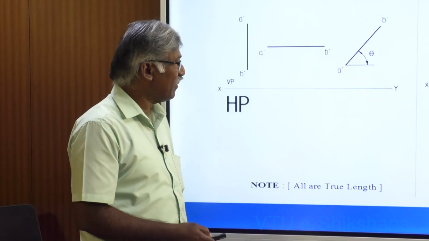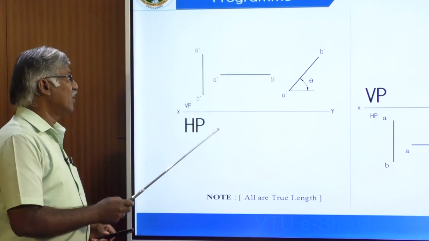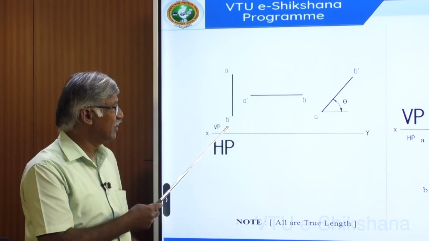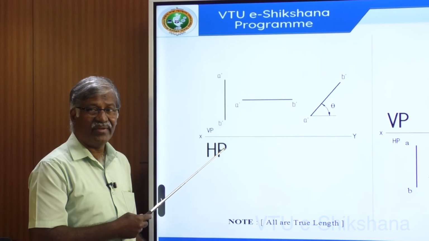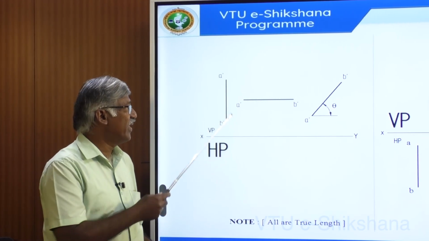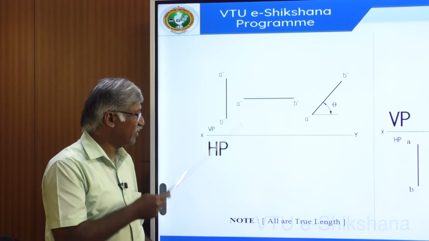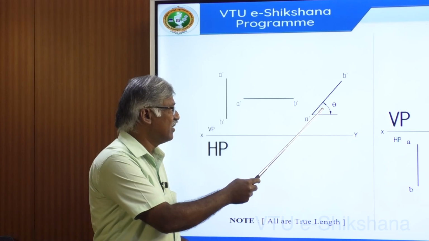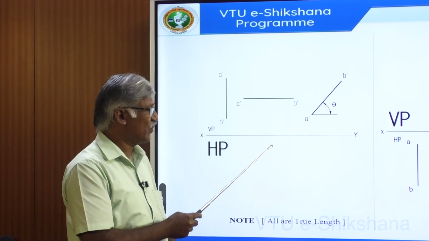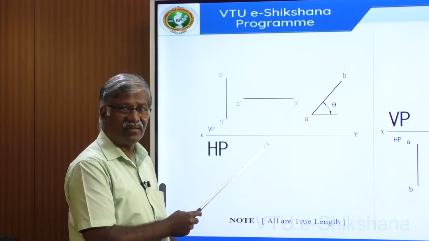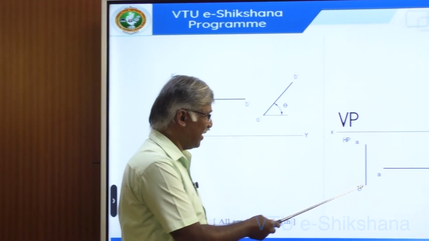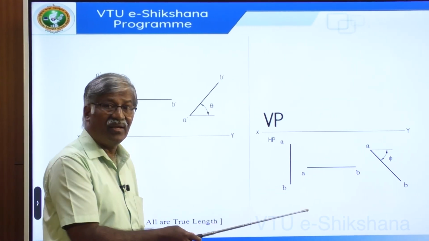Now, I represent the same in this figure. Just observe here: this is the VP area and this is the HP area. Whenever you draw a line perpendicular to XY in this system, the line is perpendicular to HP. Now, the line is parallel to HP and the line is inclined to HP. Always the angle refers to the other side, that means in this case the XY line. Similarly, all these are true lengths.